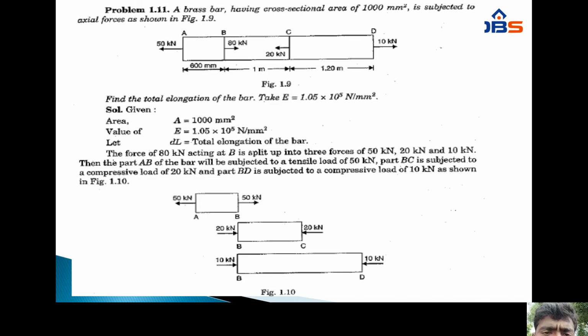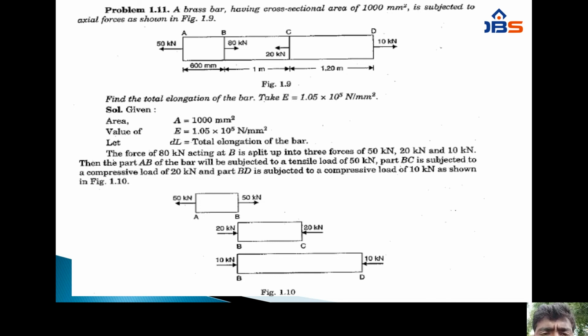Different loads are acting: 50 kilonewtons, 80 kilonewtons, 20 kilonewtons, and 10 kilonewtons. The AB portion length is 600 mm, BC portion length is 1000 mm, and CD portion length is 1200 mm. Find the elongation of the bar.